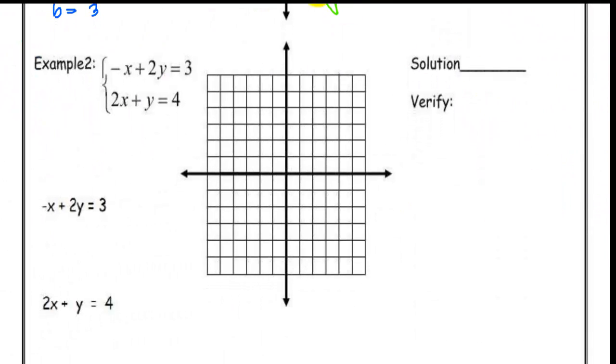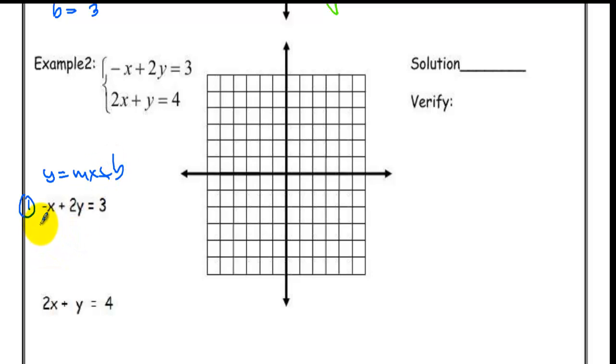Now for example number 2, the equations are given in standard form. We can graph this using intercepts, or we can graph this using slope-intercept form. So we are going to solve this one using slope-intercept form. For the first equation, let's rewrite this into the format y equals mx plus b.